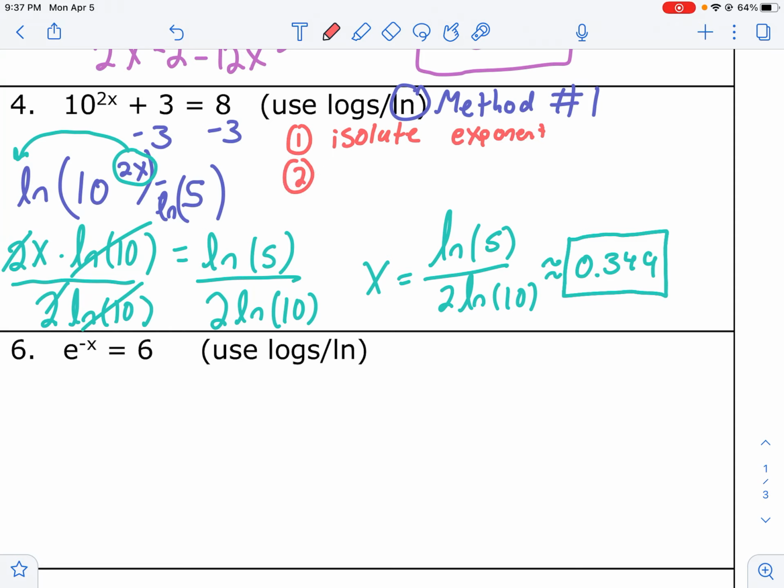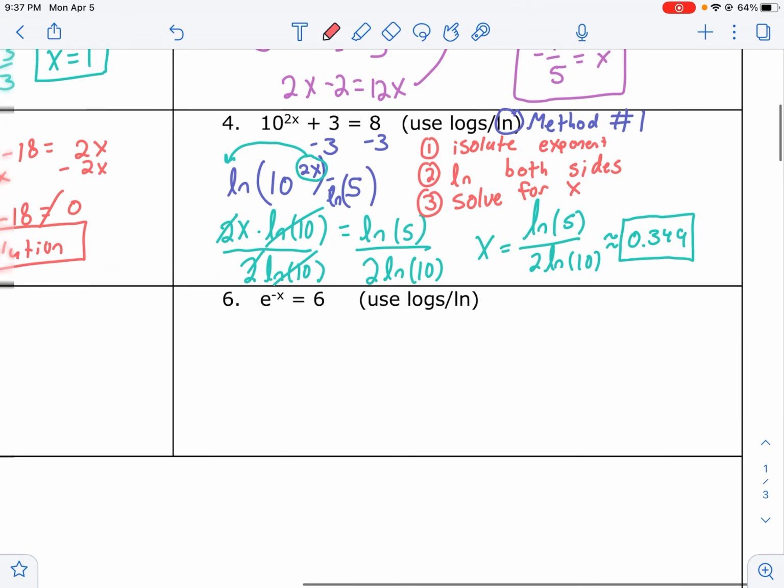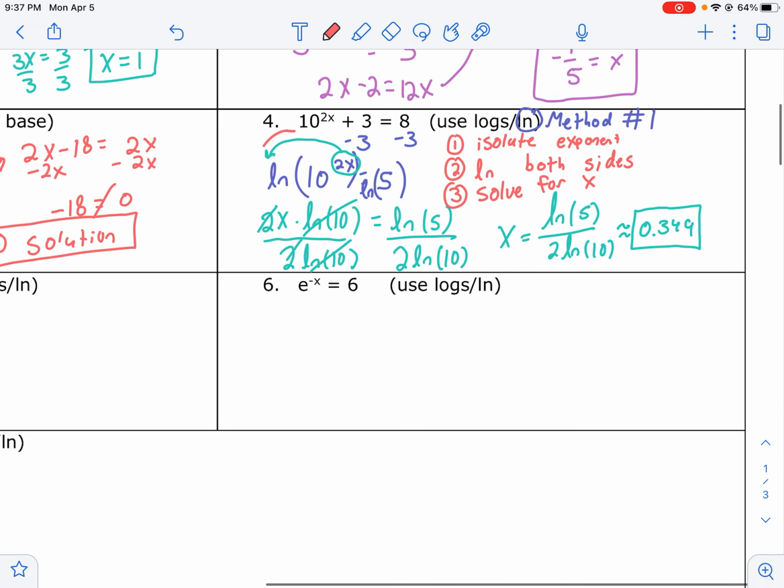Second step that we took was we natural log both sides. And then the third step that we took was just solving for x. So it's really just 3 steps that we took there. I guess unless you need to include this x or log property that we also threw in there.